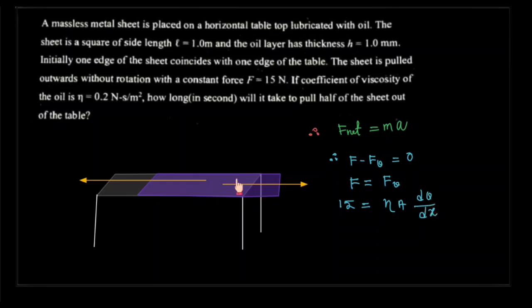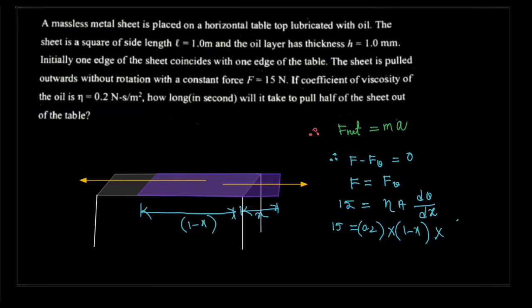Suppose we pull it out by x; the overall length is 1. If we pull out x, the length remaining inside is 1 minus x. Only because of this 1 minus x length do we get friction, that fluid friction. Therefore 15 is equal to 0.2 into A, which can be written as 1 into 1 minus x, into dV.